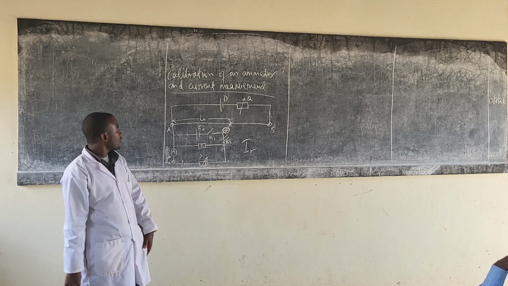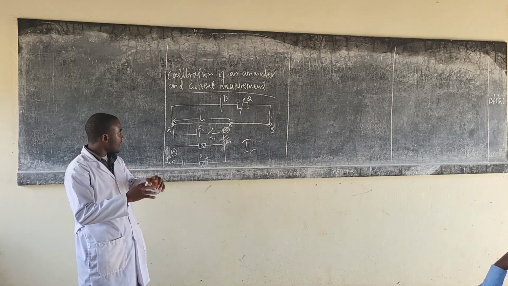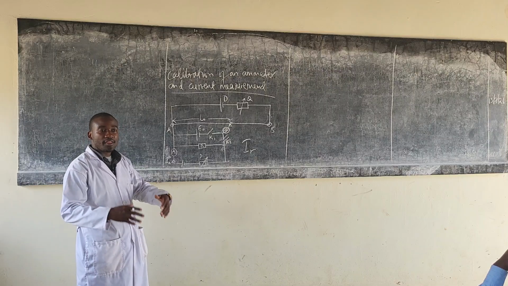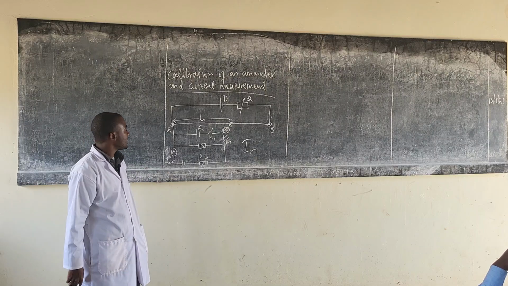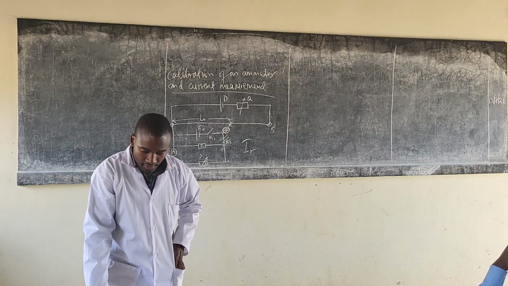Tap the jockey alongside the wire AB until you get a point where the galvanometer shows no deflection. You did that with the intention of recording that length as L.